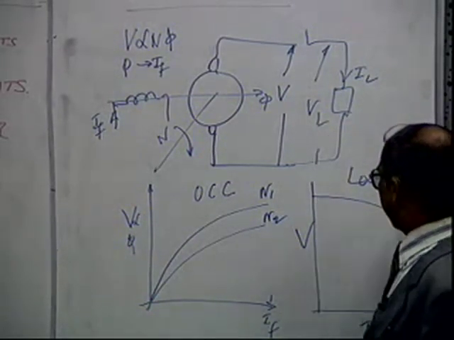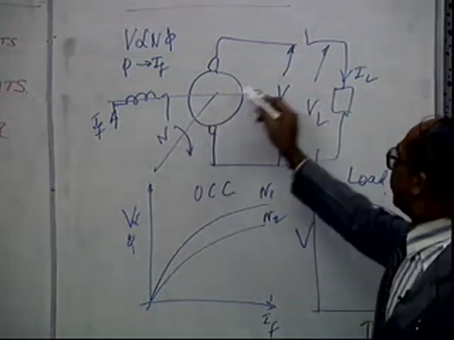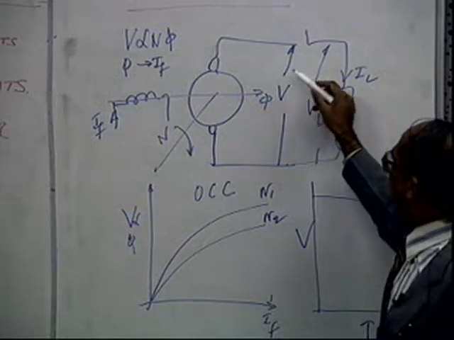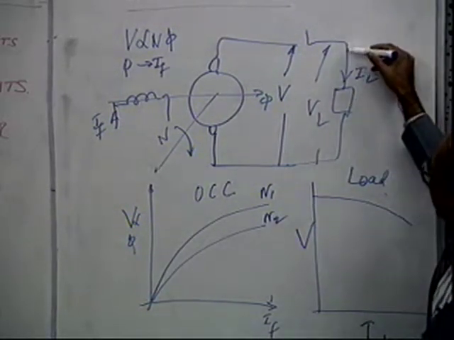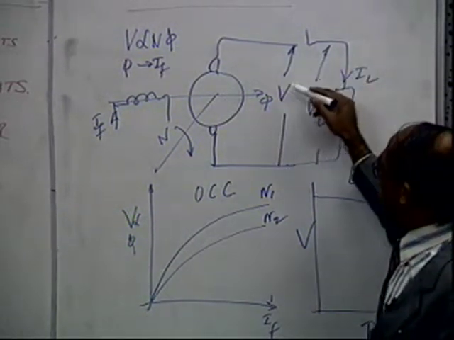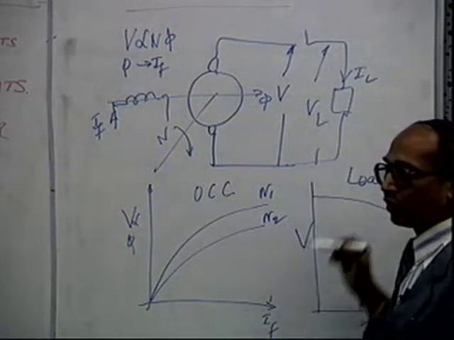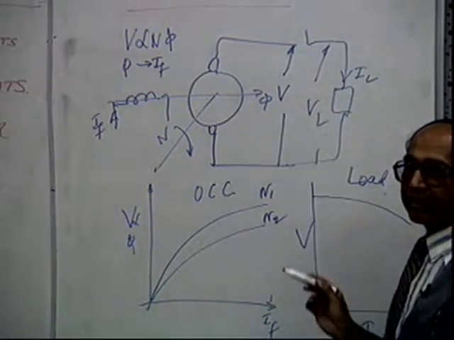Next is about the same generator. If you connect an electrical load, more current will be drawn. As the current is drawn, it is observed that the voltage at the load will go on decreasing because of certain drops in the internal circuits.